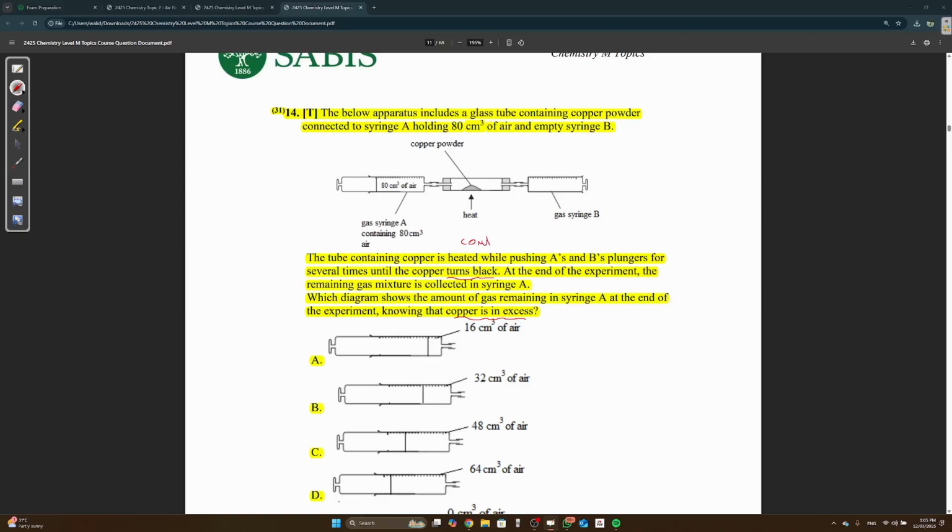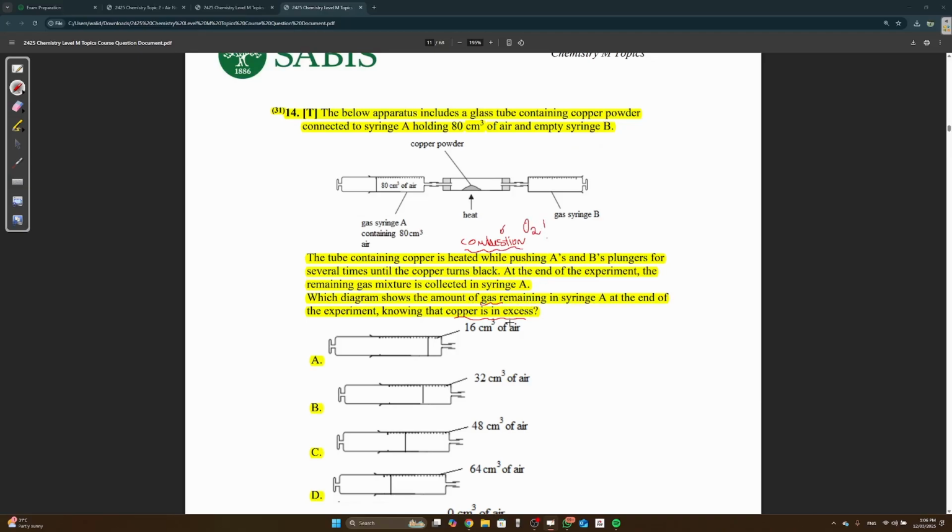This is combustion. So when you're heating air, that means there's some oxygen playing a factor, right? When you're heating it and it turns black, this is a combustion reaction. So what gas are you working with when you have a combustion reaction?